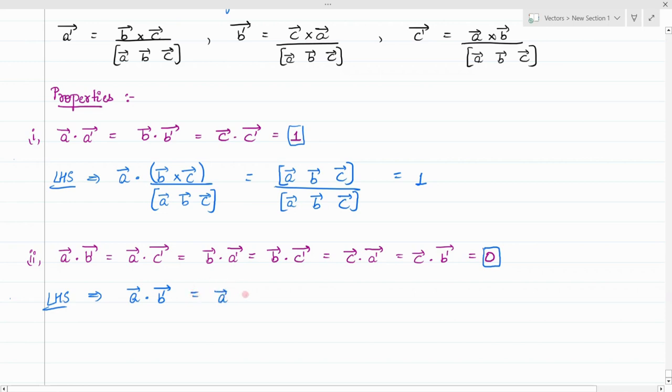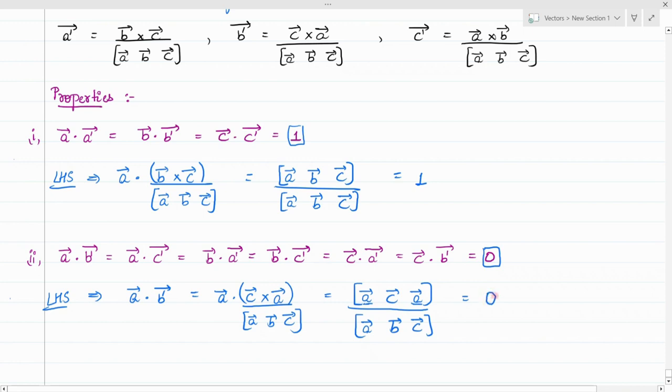When you do that, it becomes A dot the reciprocal of B vector, which is C cross A upon box product. So now we can write this as box of A, C, A. We have seen a property from the scalar triple product, that is when two vectors are parallel, the output will be 0. So similarly, you can prove for other vectors like these.